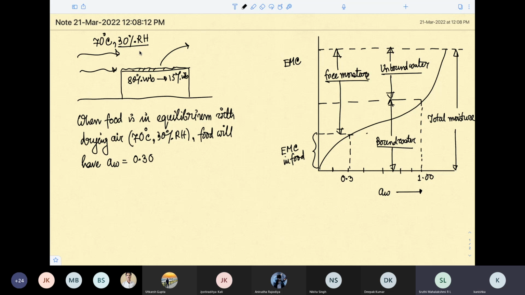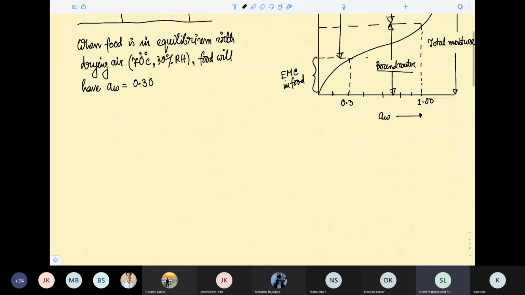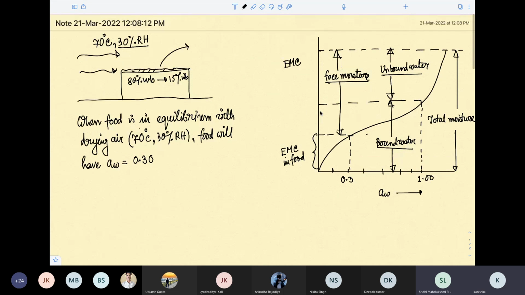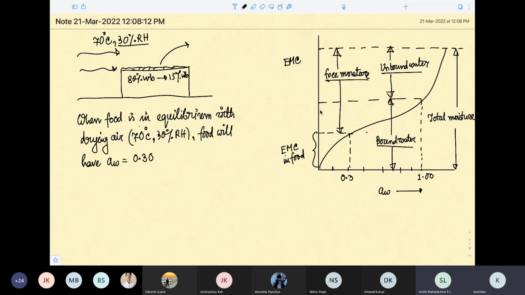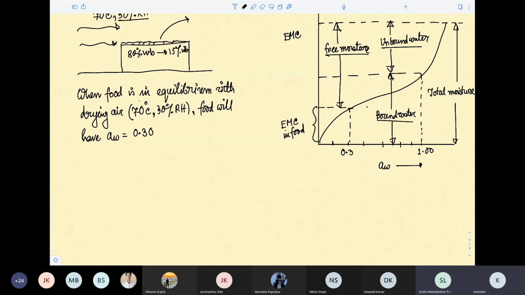Okay, so now the thing is, what we do when you go for the experiment to determine the rate of the process. Initially we know what is the moisture content.